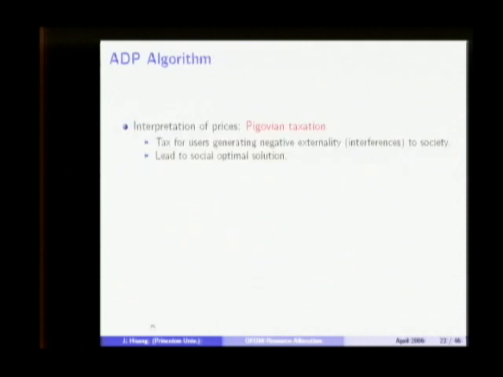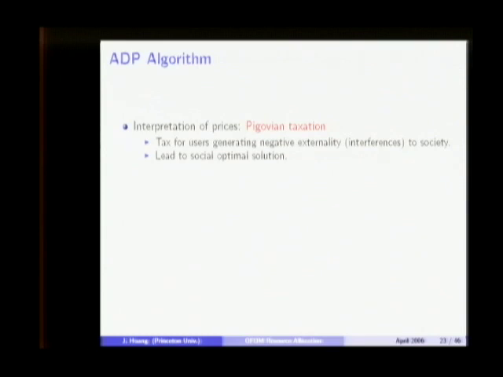So this is the algorithm that we proposed. Let's think more about what this algorithm means. There's an interesting interpretation of the prices in this algorithm, which correspond to the Pigovian taxation in microeconomics. Pigou is a well-known economist who proposed this kind of tax for users who generate negative externality in society, for example people who generate pollution or people smoking.